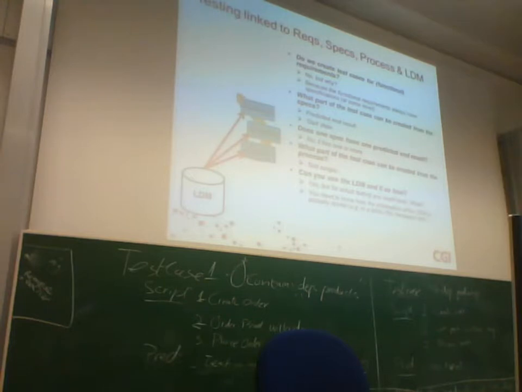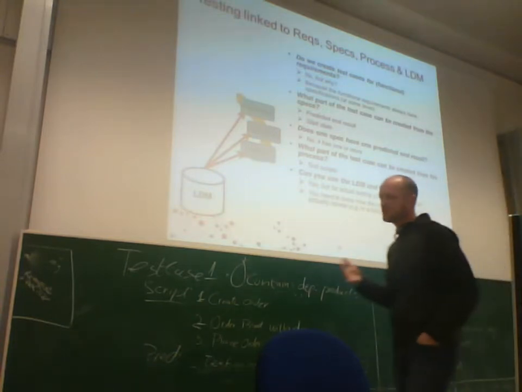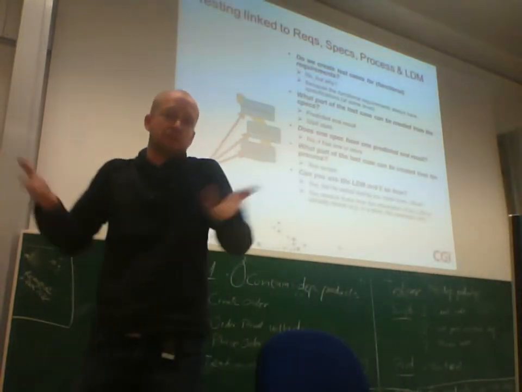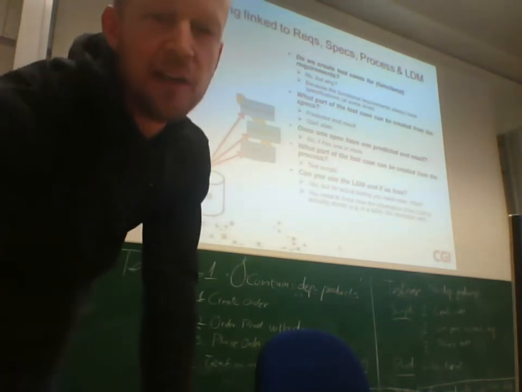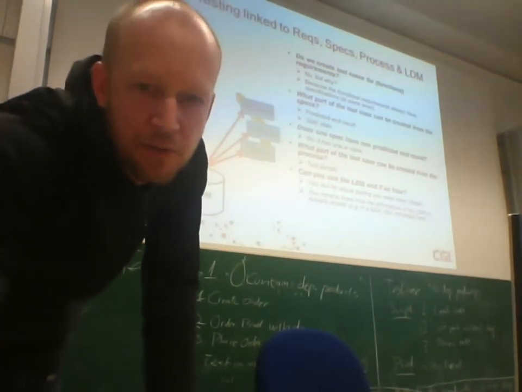It could be a file, it could be in memory, it could be in a database. In most cases, it's currently a database. If you're actually testing, you need to see whether the end result has been produced, yes or no. In that case, you need to look into, for instance, the database to see if the end result was in fact produced.